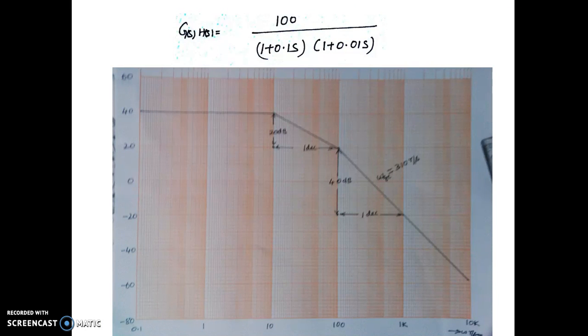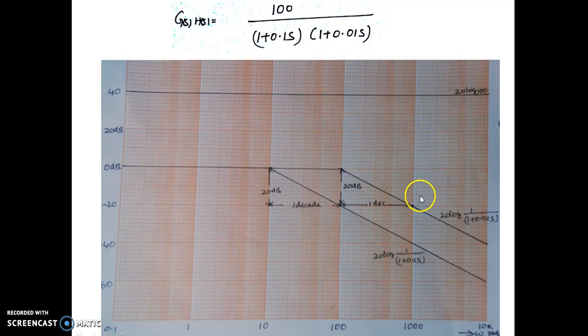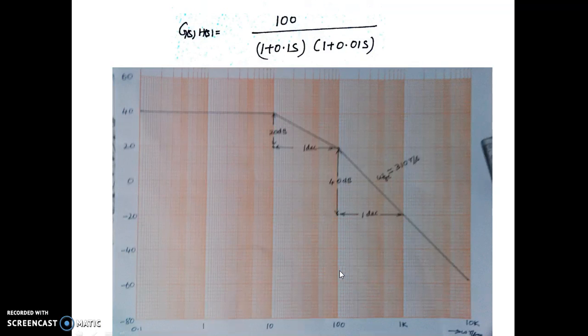That's why we saw in the resultant plot, till 10 it is 0 dB, between 10 and 100 it is minus 20 dB per decade, after 100 it is minus 40 dB per decade, because there are no more changes happening after 100 radian per second. You can see there is no change in the slope even after 100. So the slope is 0 here, this is minus 20, minus 20. The addition of the slope is minus 40 dB per decade after 100 radian per second. So that's what is happening here in the resultant plot. After 100 radian per second, the resultant plot is minus 40 dB per decade.